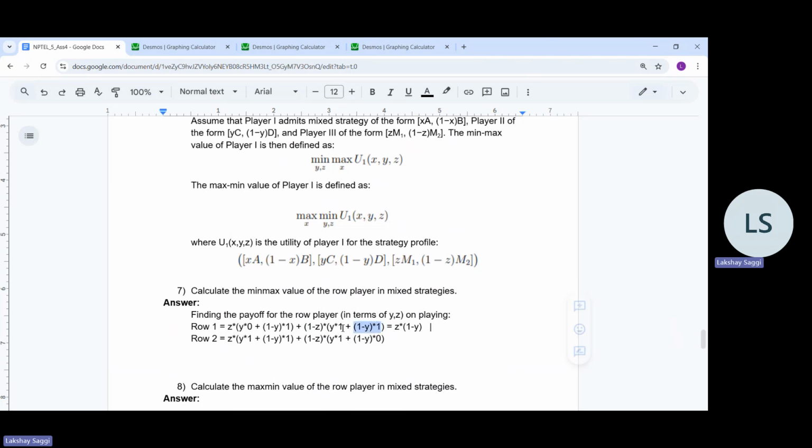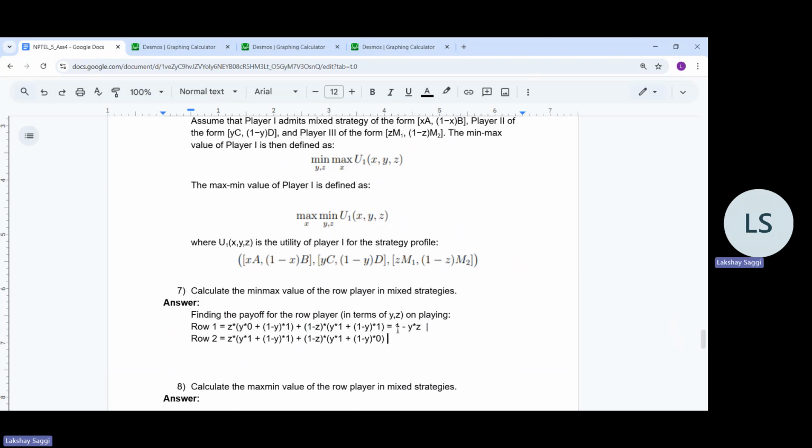So their sum is 1, and this is multiplied by 1 minus z, so this will be just plus 1 minus z. If you expand it further, this will become z minus zy, and the z and minus z will cancel out. So what remains in the end is 1 minus zy, or 1 minus yz.